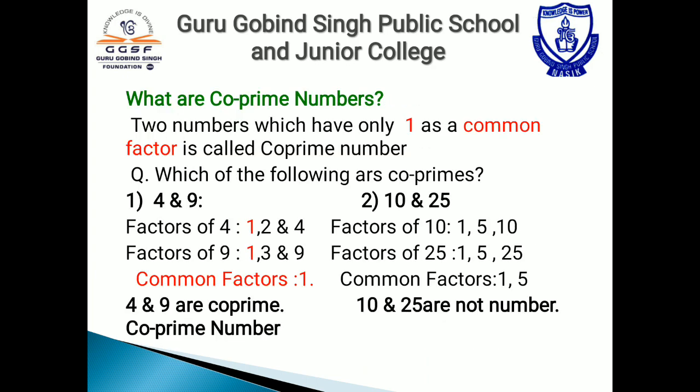So what are co-prime numbers? Two numbers which have only 1 as a common factor, then only we can say that they are co-prime numbers.